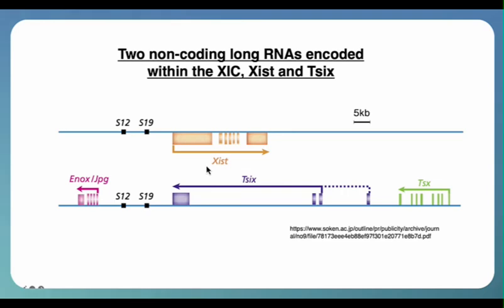Subsequent research has revealed that, in addition to the XIST non-coding long RNA gene, the XIC region contains a gene that transcribes TSIX non-coding long RNA as an antisense transcript from its complementary strand. Moreover, it is discovered that TSIX RNA functions to suppress the expression of XIST RNA.